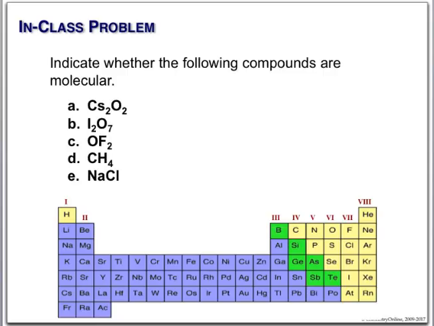Cs, what the heck is Cs? That's cesium. Cesium, group 1 metals, way down there, very, very reactive. Touches water, it essentially explodes. But it's a metal, it's blue. Because it's a metal, this must be ionic.